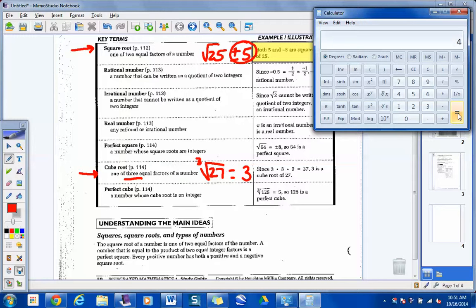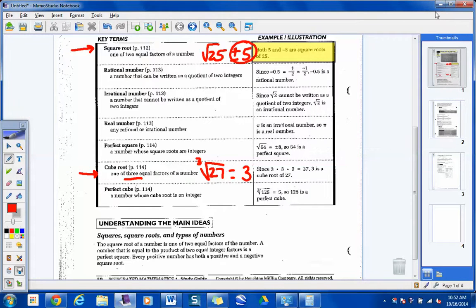We'll talk about rational and irrational numbers here. First number up here is a rational number. All right, here's what I want you to understand about rational numbers. A rational number is any number that can be written as a fraction. A rational number is any number I can write as a fraction.